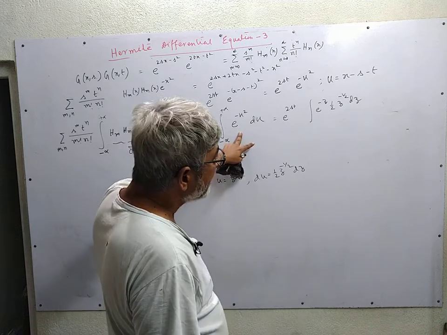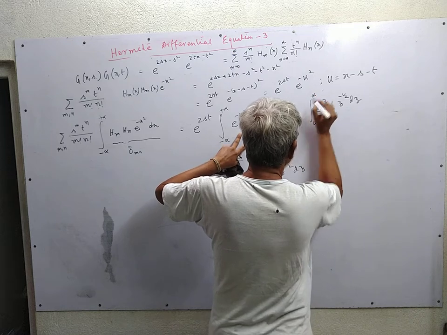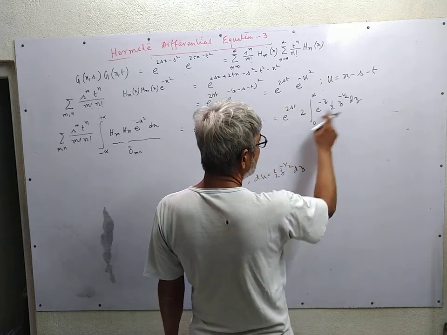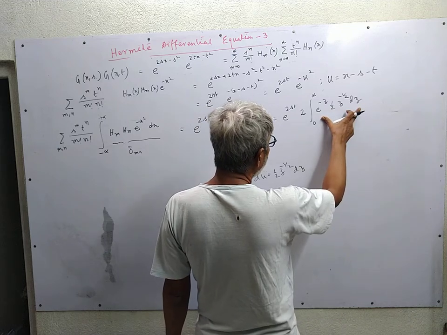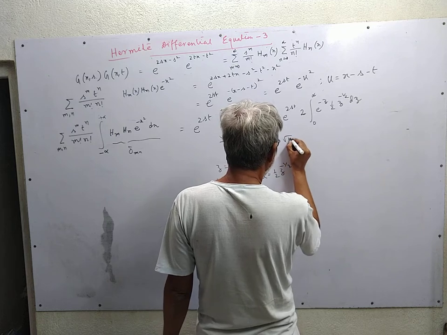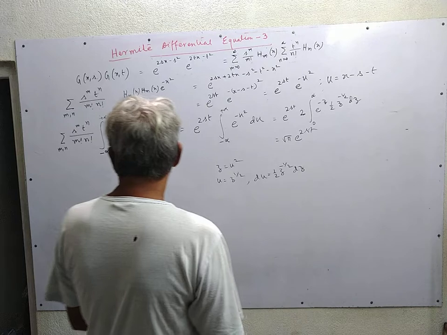Since it is an even integrand, we write it from 0 to infinity with a factor 2, and so this half cancels with this, and this is gamma of half, which is root pi, so this is root pi times e to the power 2st on the right hand side.